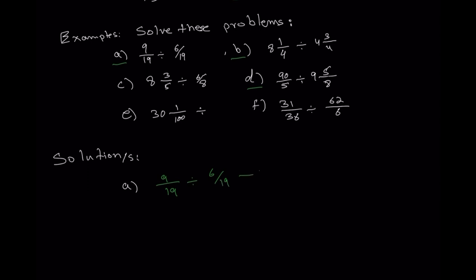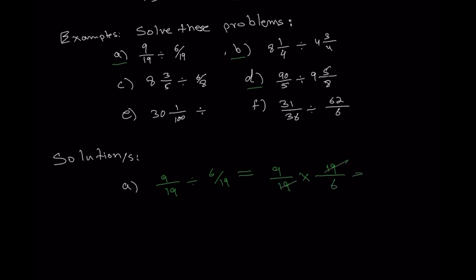So the procedure is, we don't touch the first fraction, we write it as it is, 9 over 19. We flip the sign from division to multiplication, and flip the second fraction as well, 19 over 6. We got the new fractions.